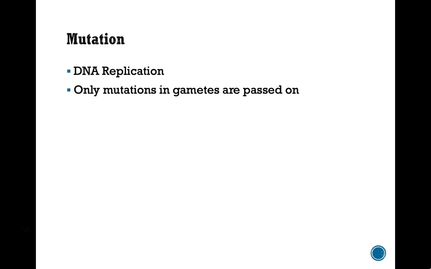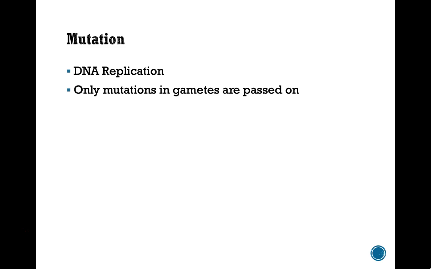Now, if we're talking about heredity and sexual reproduction, the only mutations that we're really interested in are those that occur in the gamete, because those are the only ones that are passed on. So if you acquire a mutation in a somatic cell, in your lifetime, it's not going to be passed on to the next generation of offspring.